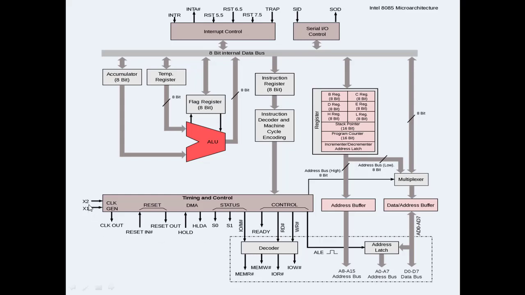At X1 and X2, we connect a crystal. There is an internal oscillator, so it can produce the necessary clock pulse for the operation of the 8085. It also has control and status signals: clock out, reset in, reset out, hold acknowledge, S0 and S1, IO/M bar, ready, read bar, write bar, ALE. These are all the control signals. We can see the control signals in the next chapter, on signals and pin description of the 8085 microprocessor.